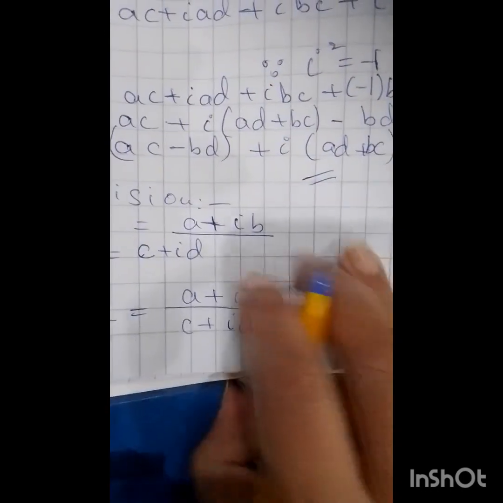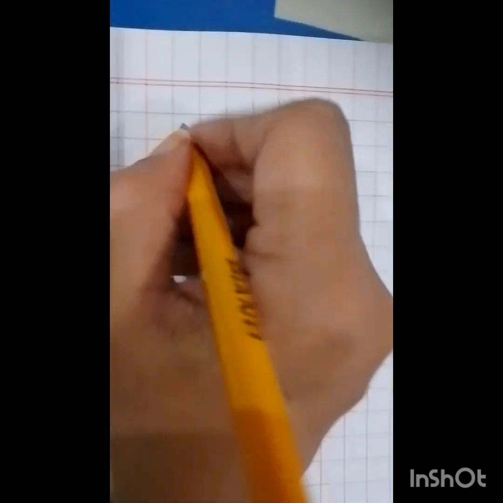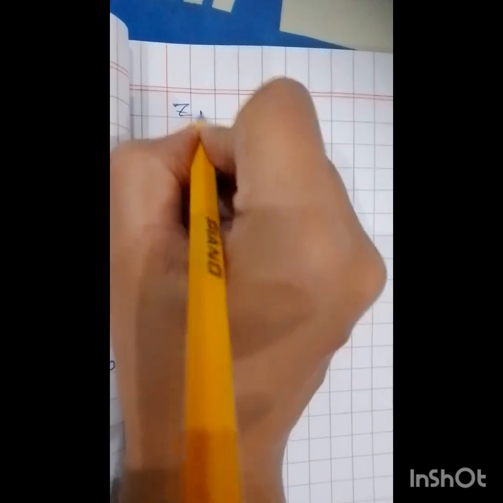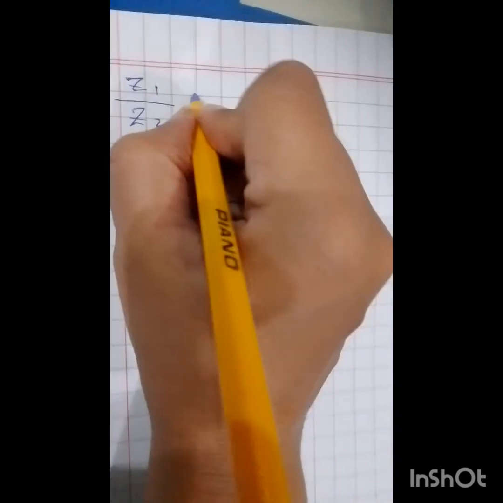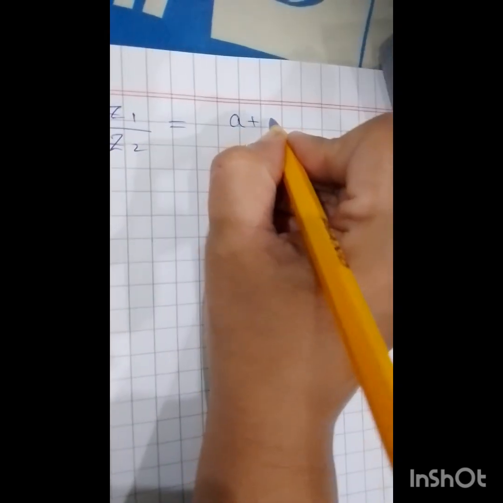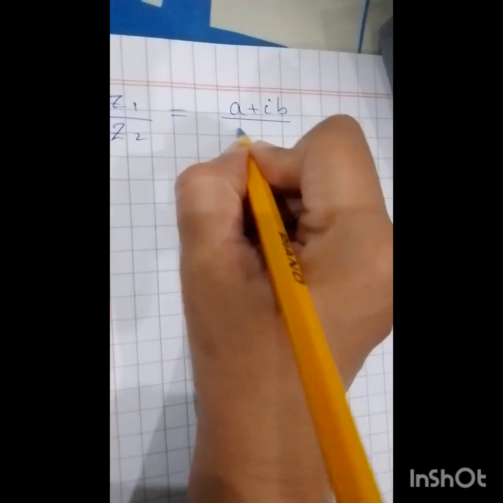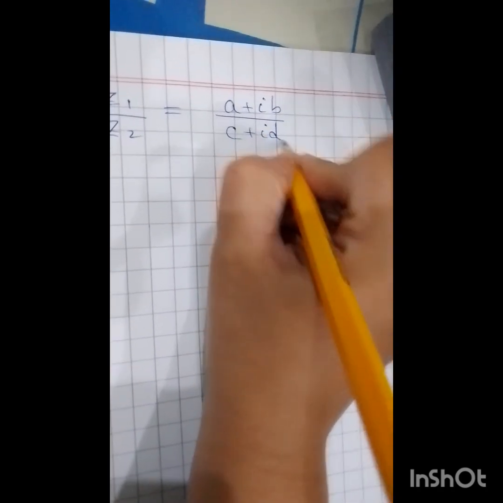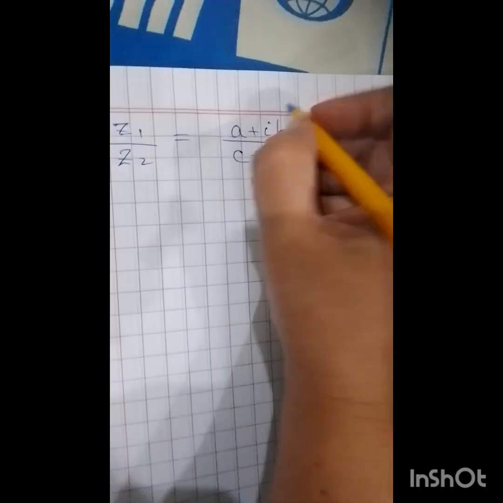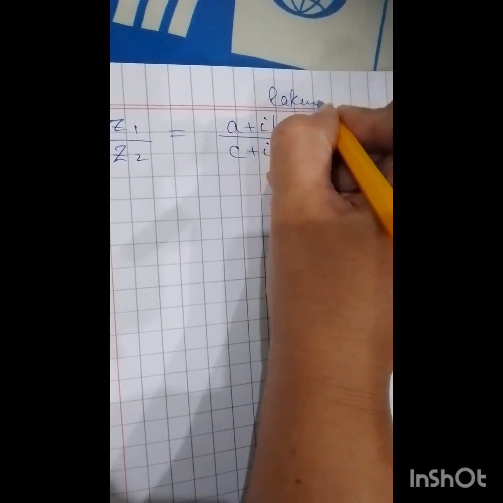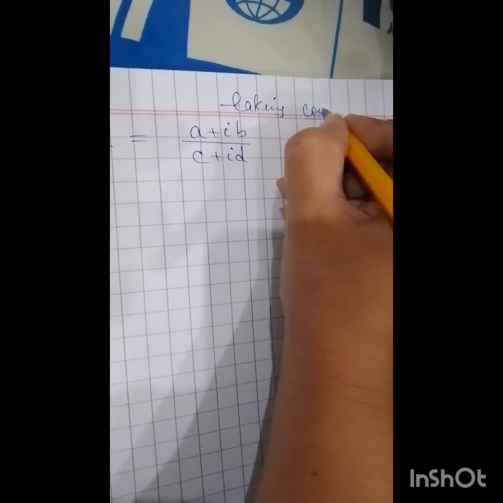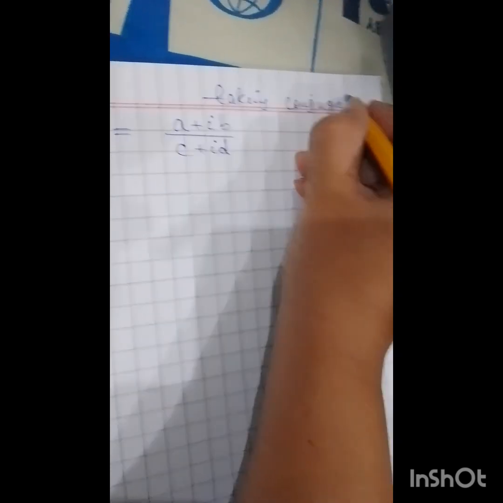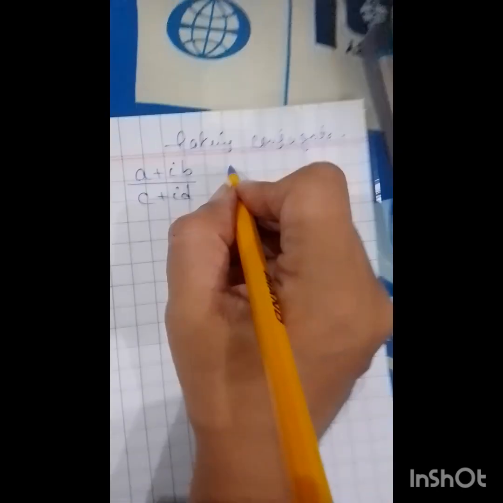Now the denominator we are going to put as the conjugate, with the alternate sign, c minus iota d.